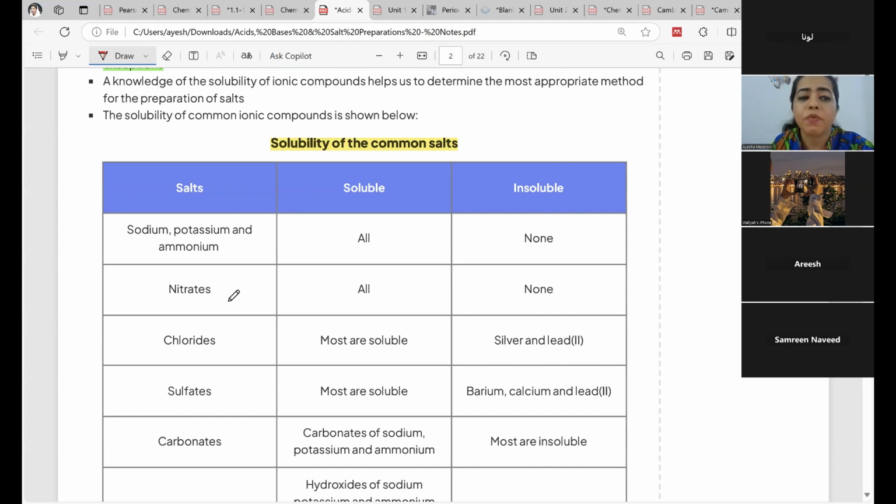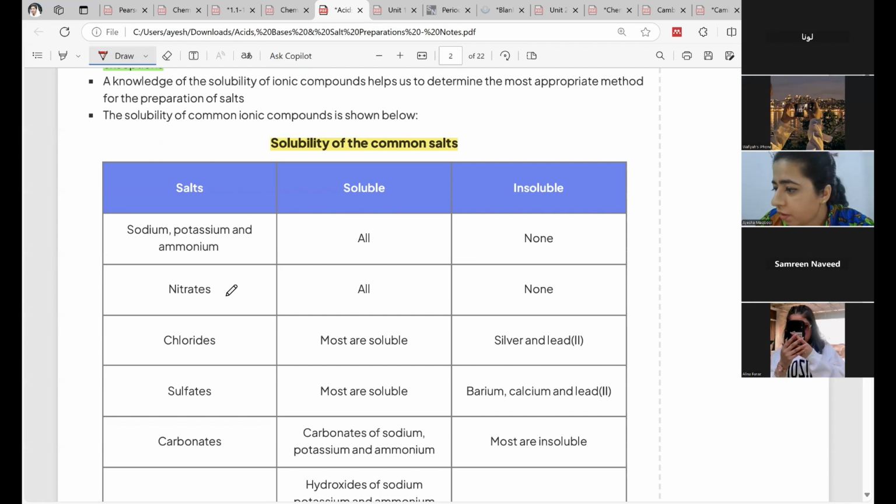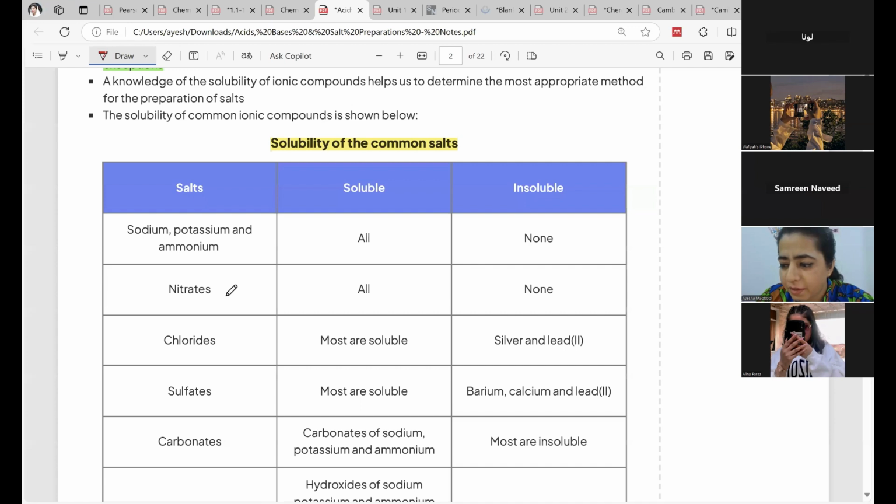Same way, if we talk about nitrates, we know what is the formula of nitrate ion. Anyone quickly? Nitrates. NO3. What charge? Positive? Negative?